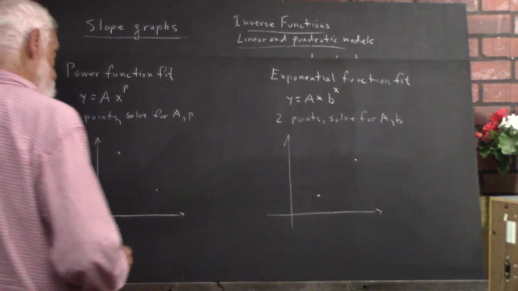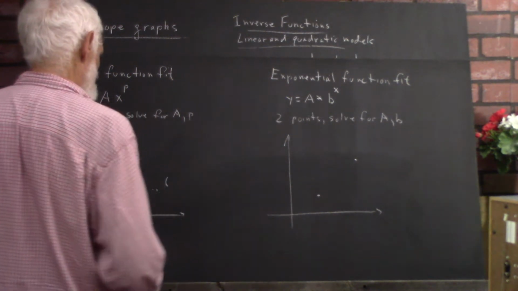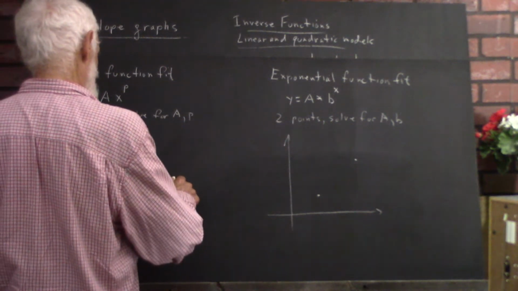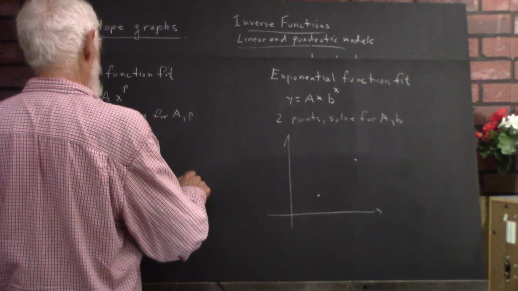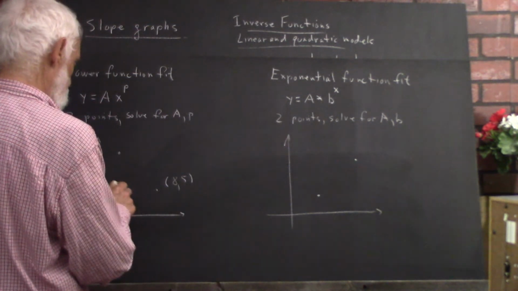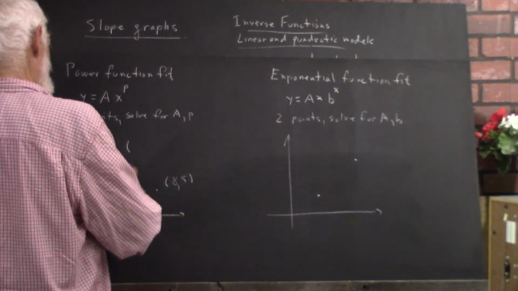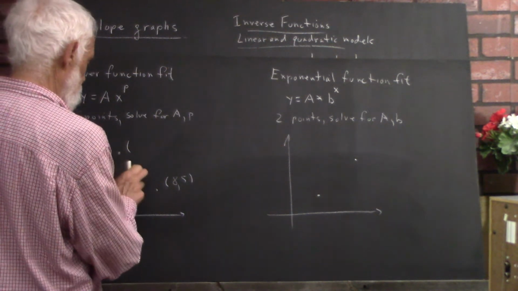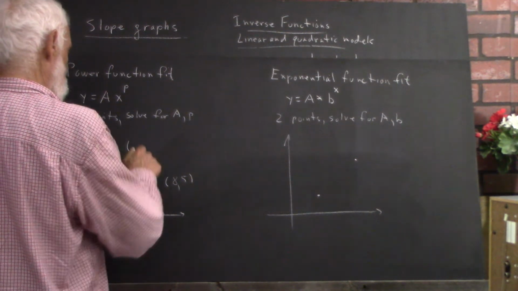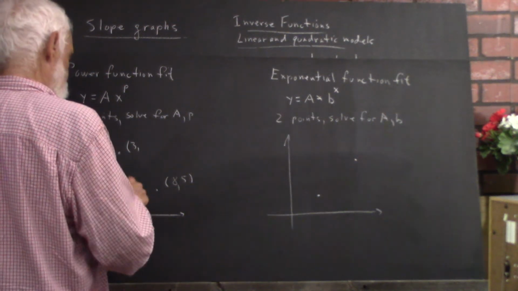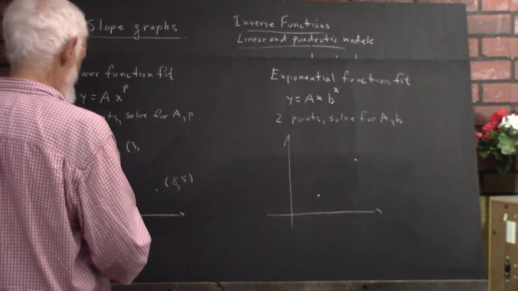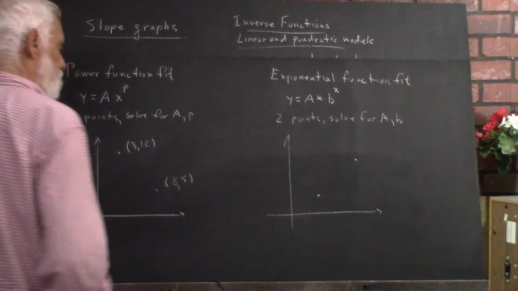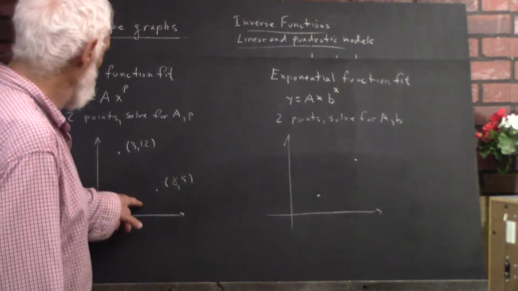So let's just say that these points are, I'm not even going to bother to scale, let's say that's 8, 5, and if that's 8, then that's probably about, it's more than a third of 8, so I'm going to say that's maybe 3, and this is maybe 12. Okay, so I've got these 2 points.